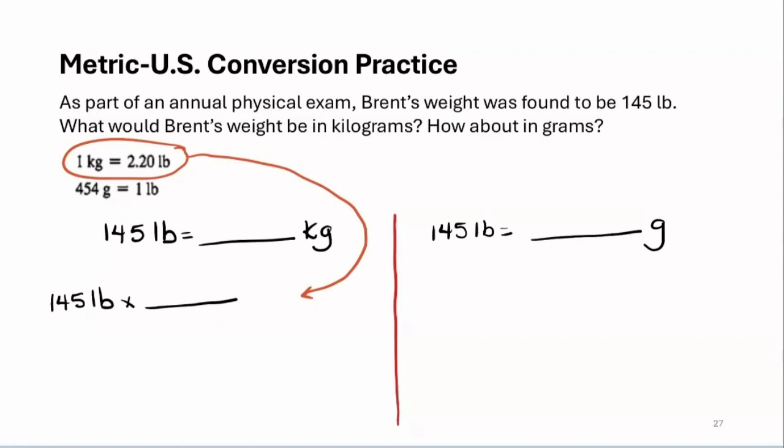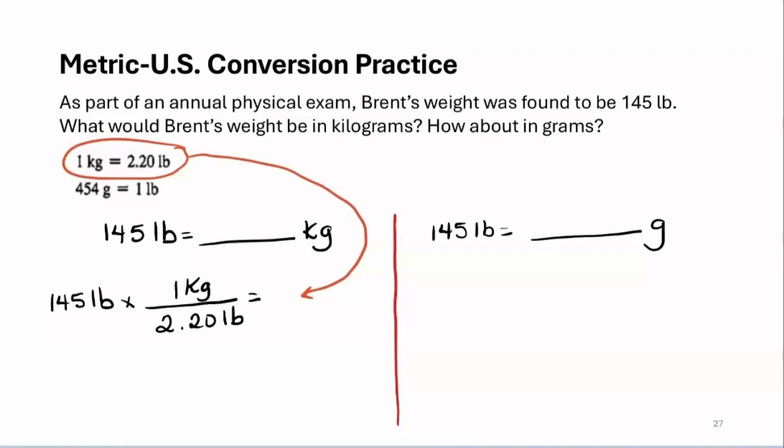And on the top of the fraction, we're going to write what the equality equals to. So in this case, when we're converting from pounds to kilograms, we write the part of the equality that has the pound unit. So in the bottom, I'm going to write 2.20 pounds. On the top of the fraction, I'm going to write 1 kilogram, because that's what 2.20 pounds equals to.